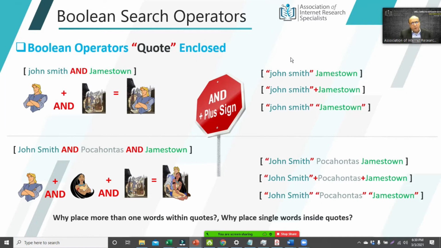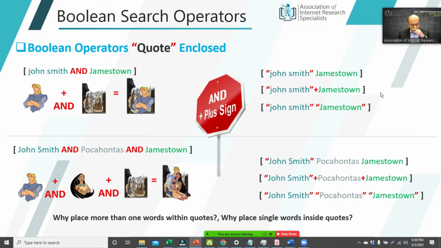Now, most important, whatever we talked about so far about the plus sign and the AND operator is something that's been deprecated in actual searches, where Google insists that we no longer have to use AND. And why that is, we are going to explain.